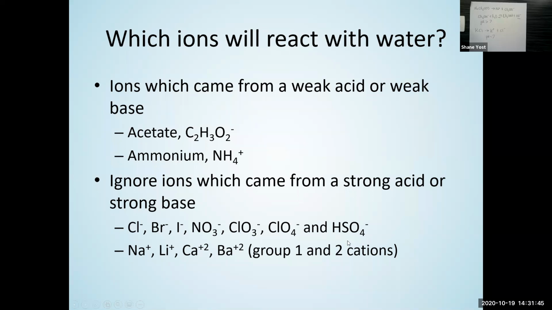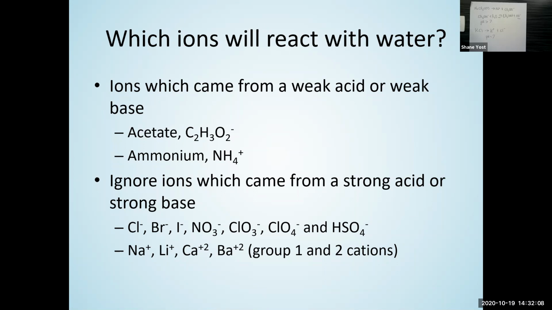where all of these anions are not going to act as some sort of base? Now, HSO4 minus is the only exception here. HSO4 minus itself is a weak acid, so it will make a solution more acidic when you put it in solution. And then things like sodium, lithium, calcium, barium ions, those cations are not going to impact the pH of your solution.